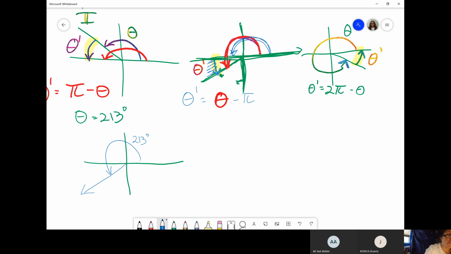Now to find the reference angle, we do what? 213 minus 180. That is correct. 213 minus 180 is 33 degrees.